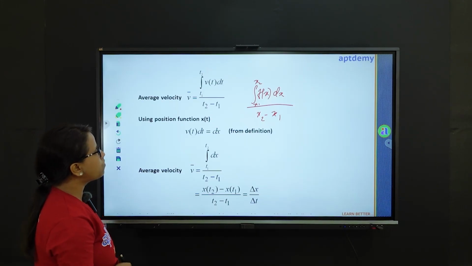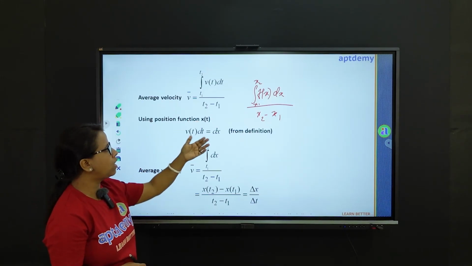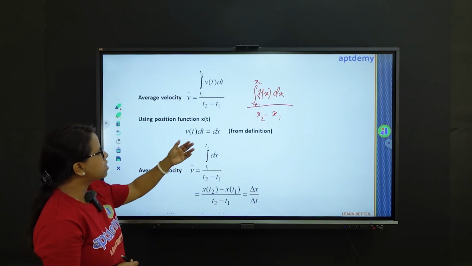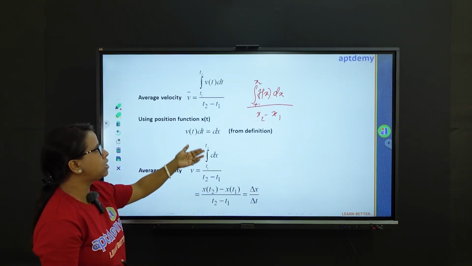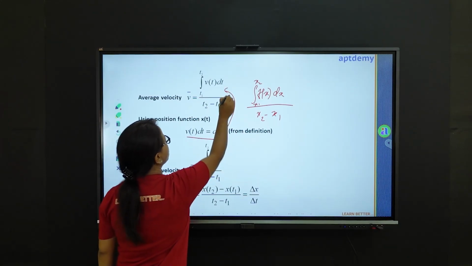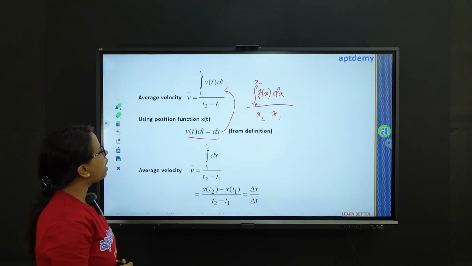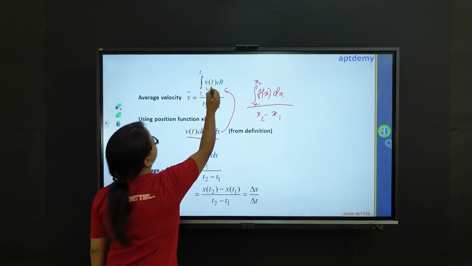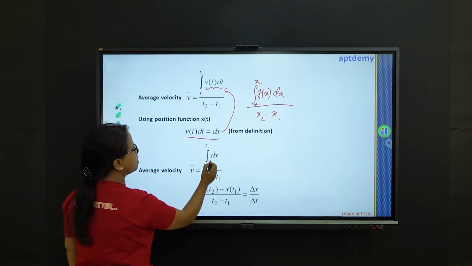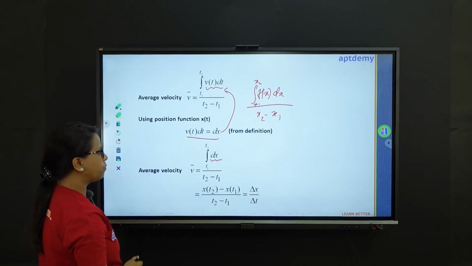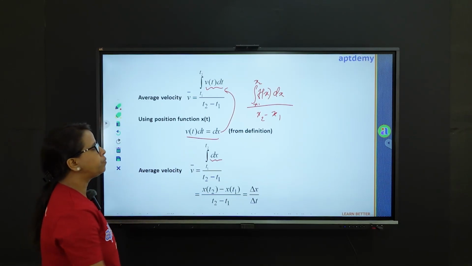Now using the position function x of t, we initially got dx can be written as v of t dt. So we can simply replace v of t dt by dx in the above relation, and we get v bar as equal to the integration of dx from t1 to t2, with the denominator t2 minus t1. What is this basically?